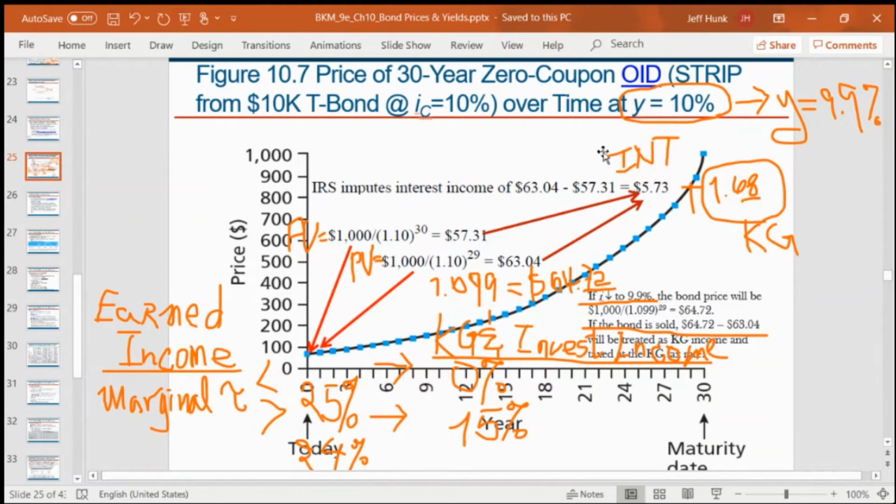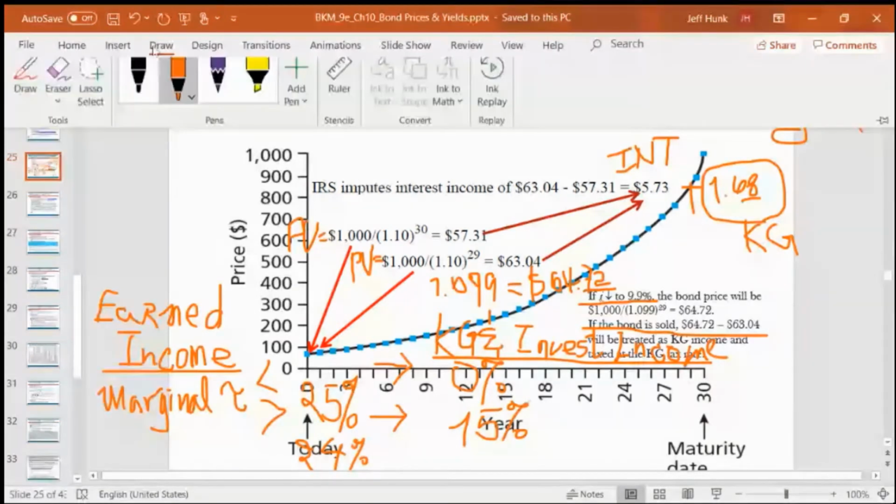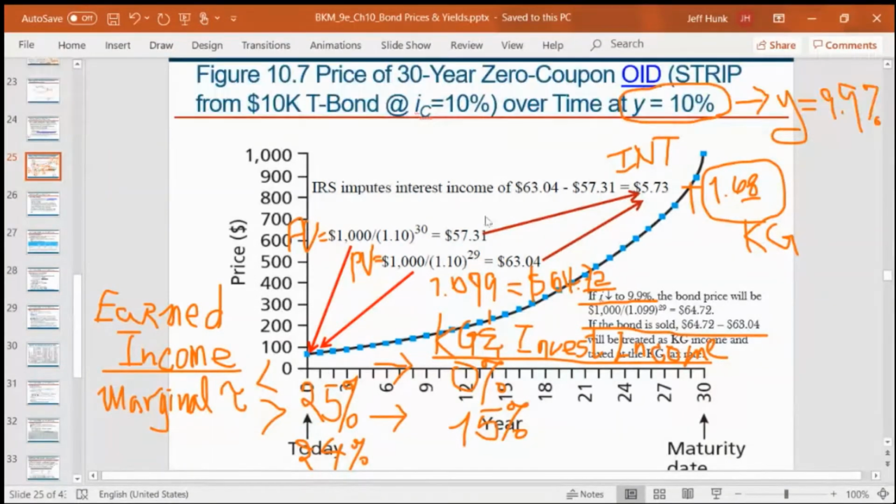So the IRS imputes, although you didn't sell, still this much is considered interest income. Imputed.